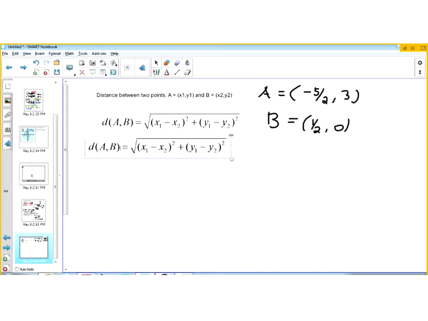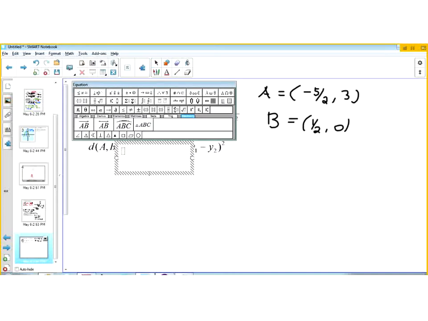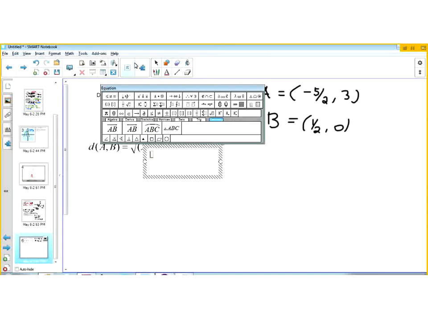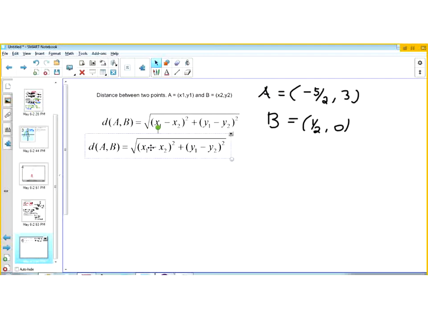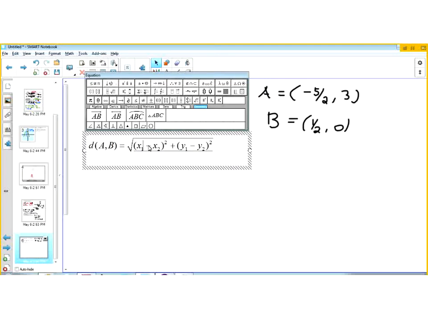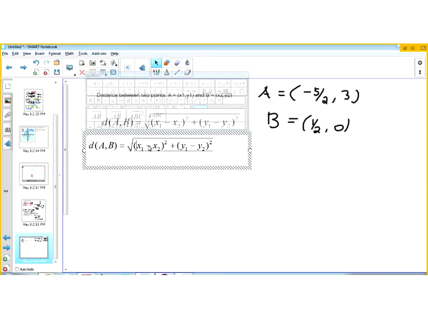Let me check. Math, equations. I don't think it's going to let me edit. Yeah, here we go. Double click puts you in edit mode.